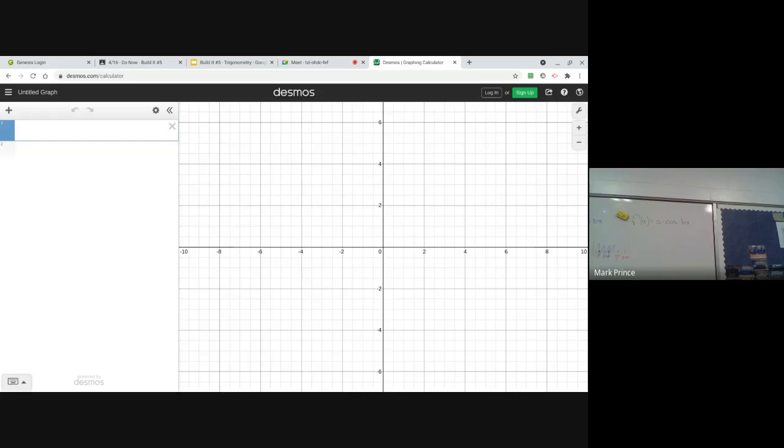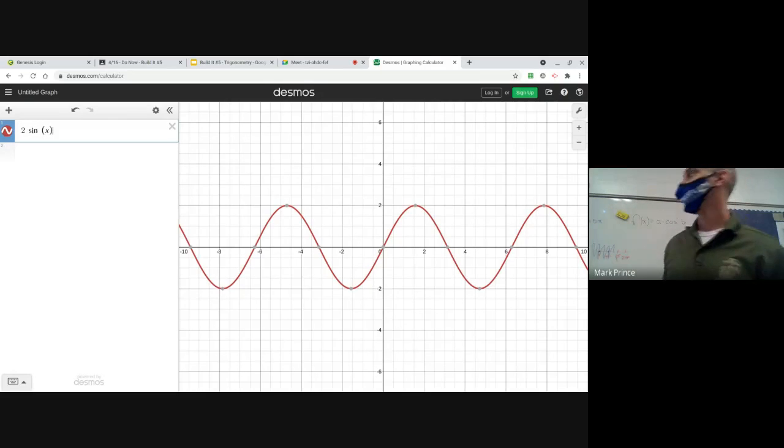For me, it's easier to type it in the Chromebook or a computer than it is to put it on the iPad. All right, so first graph. You don't have to type the f of x in. All you got to do is type in 2 and then sine of x. We get our function.